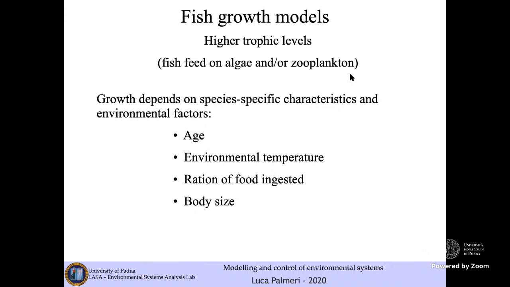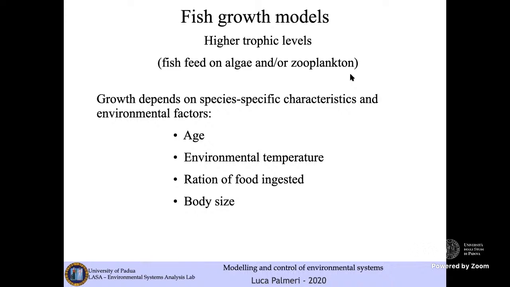There we ended up with a logistic model that describes limited growth.